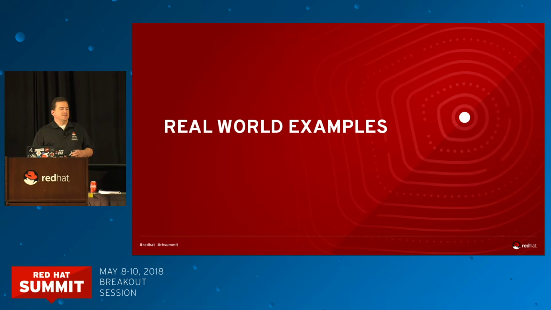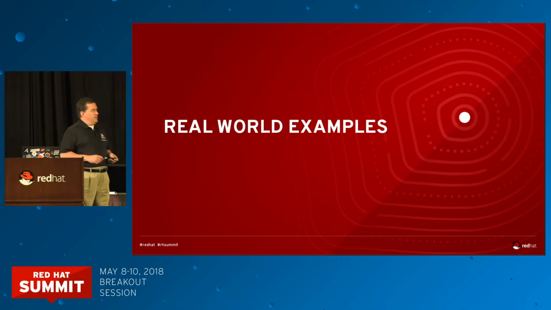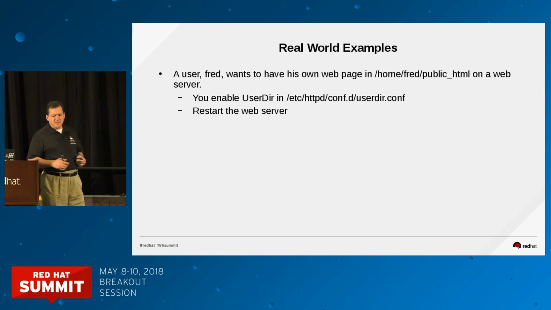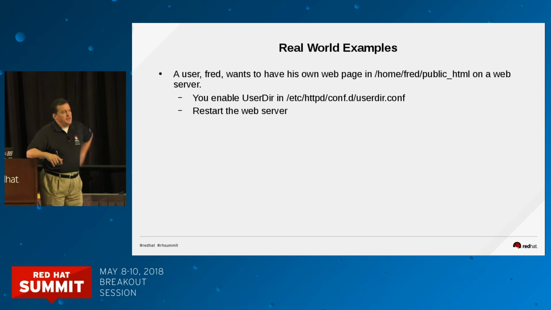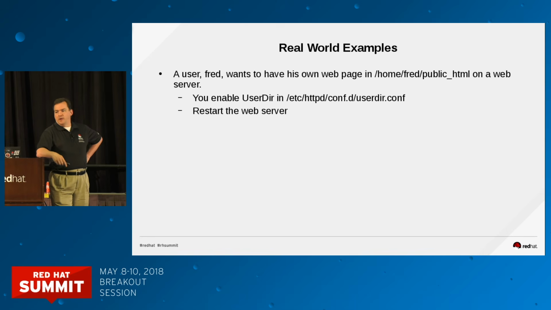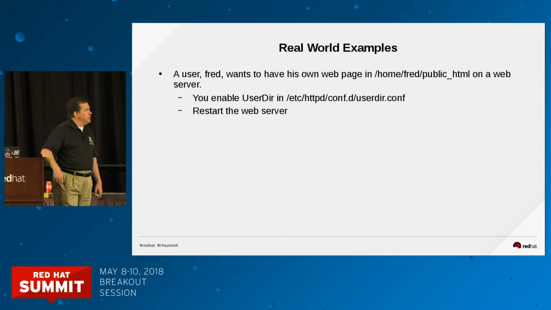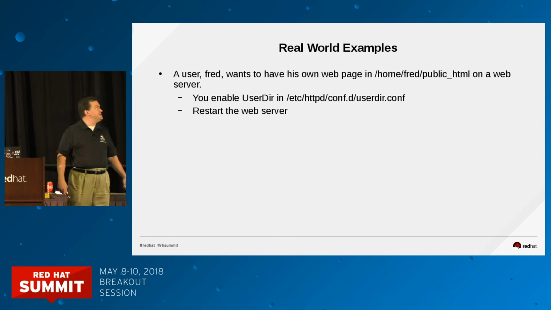So let's talk about some real world-ish examples. Let's say you've got the user Fred, who has decided that he wants to have a home page in his home directory. So you, being the good sysadmin, go and enable userdir in the userdir.conf file. You restart the web service, and he creates his directory /home/fred/public_html.